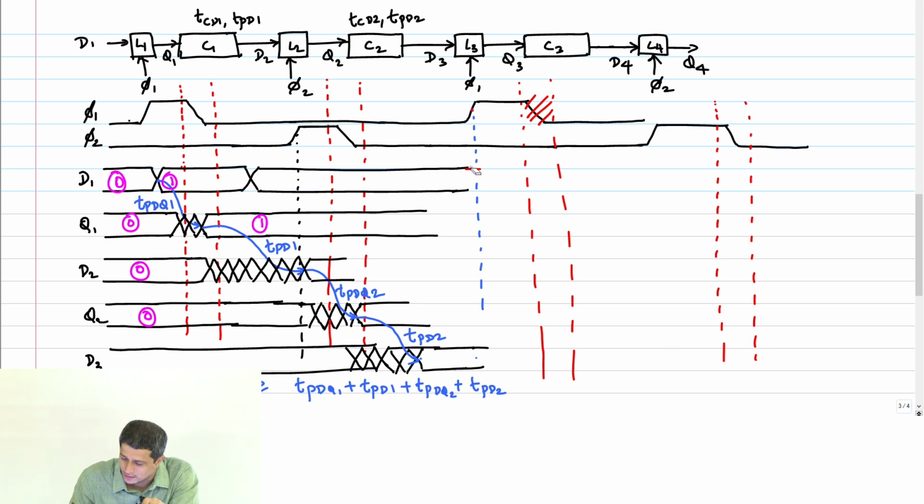So D1 has changed, and then phi1 is going high in the next cycle. What will happen? There's now going to be a clock to Q contamination delay, which is going to cause Q to change immediately, right? So you look at this.